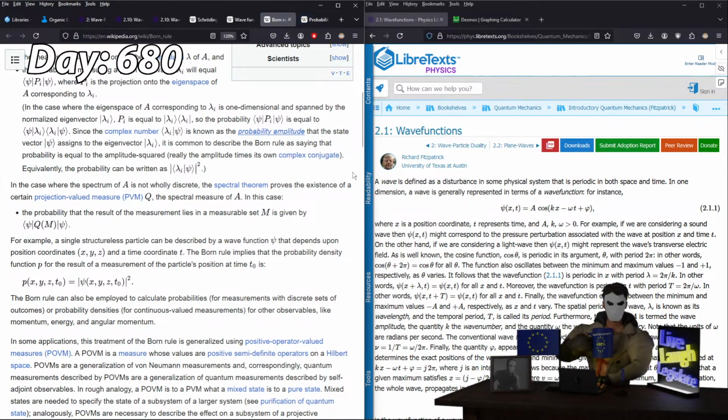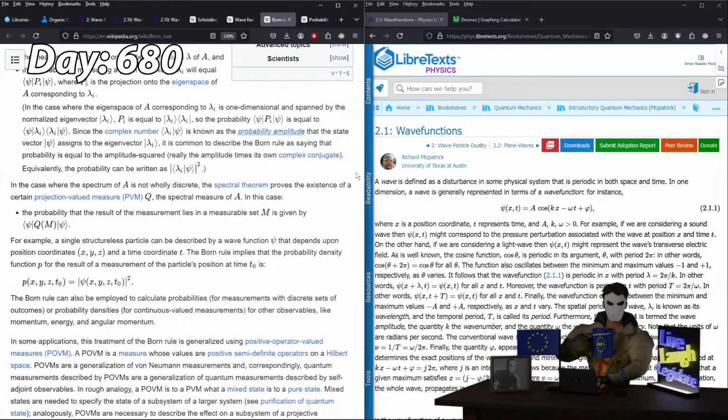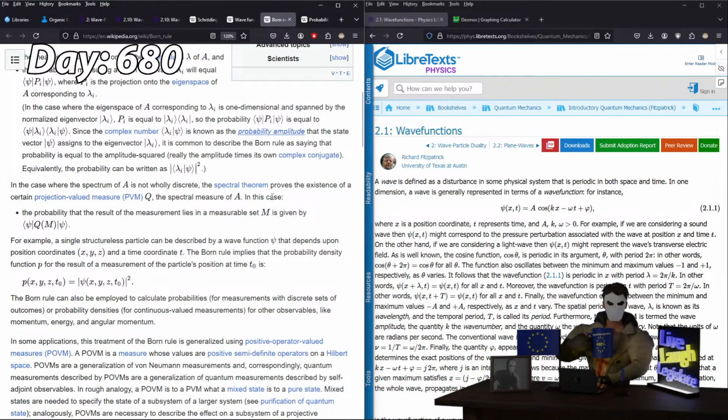Feels important that the state vector is the eigenvector. Probability is equal to amplitude squared. Okay, we're getting somewhere. Kind of forces it to be normalized. Okay, you can see why I'm not satisfied with that answer, right?